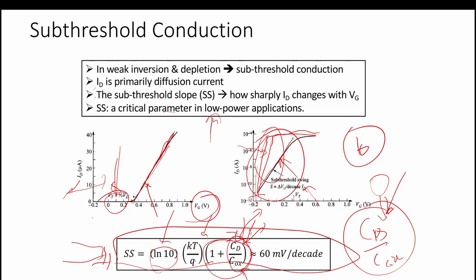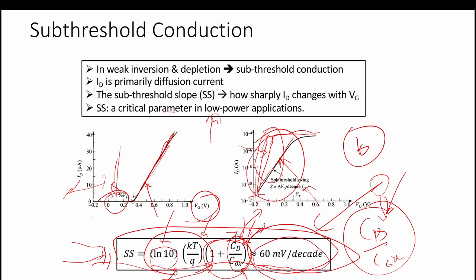This term can be 1 at minimum, that cannot go lower, but ln 10 kT/q, after calculating at 25 or 26 milli electron volts, comes to 60 millivolts per decade.